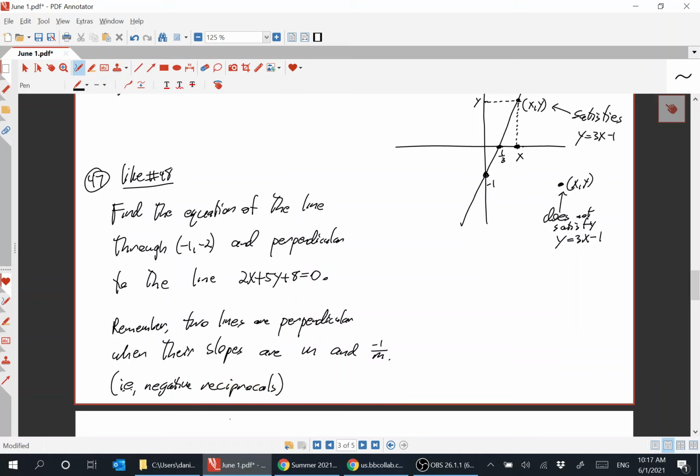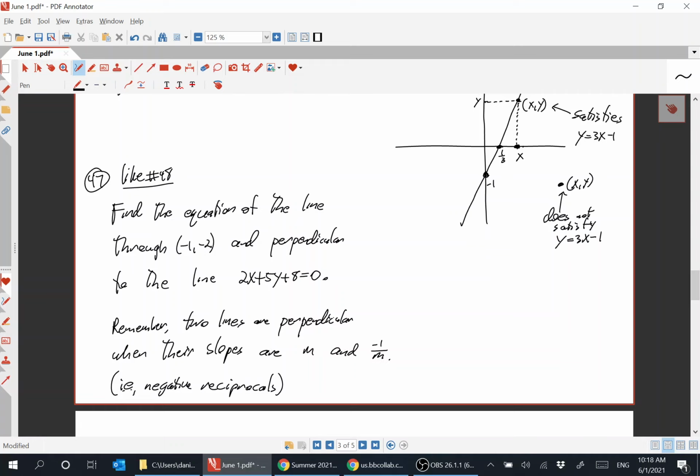So two lines are perpendicular when their slopes are negative reciprocals. So like 2 and -1/2, or -2 and +1/2, or 2/3 and -3/2. So whatever the slope is, you make it a fraction, you flip it upside down, you negate. If it was negative, it becomes positive. If it was positive, it becomes negative.